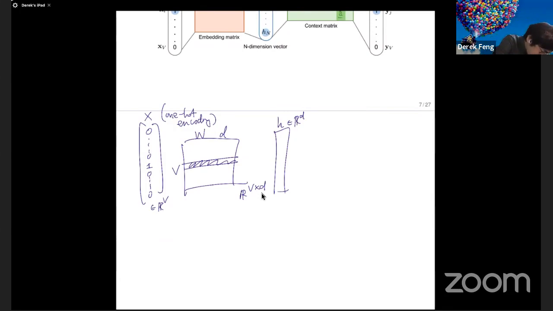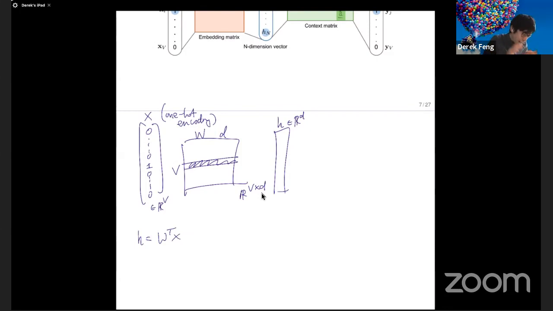You're going to do this operation where H is W transpose times X. Given my X, which is a one hot encoding in R to the V, basically a zero vector with a 1 at the index of the context word we're dealing with, and my W, which is V by D, multiplying W transpose by X extracts the particular context word embedding.